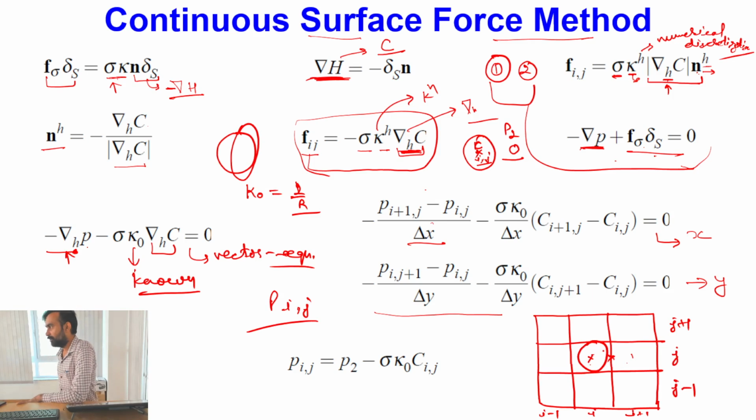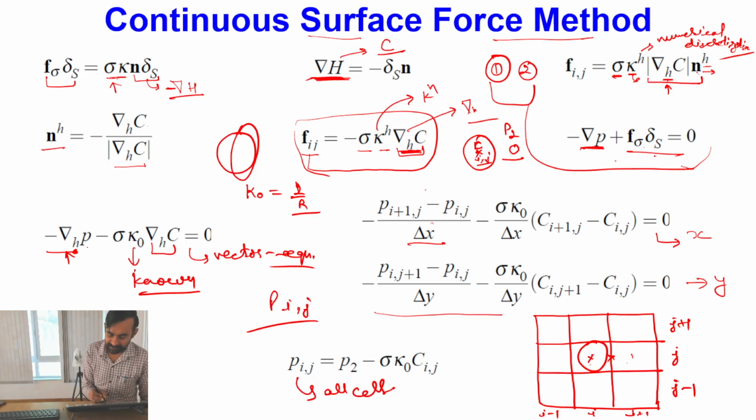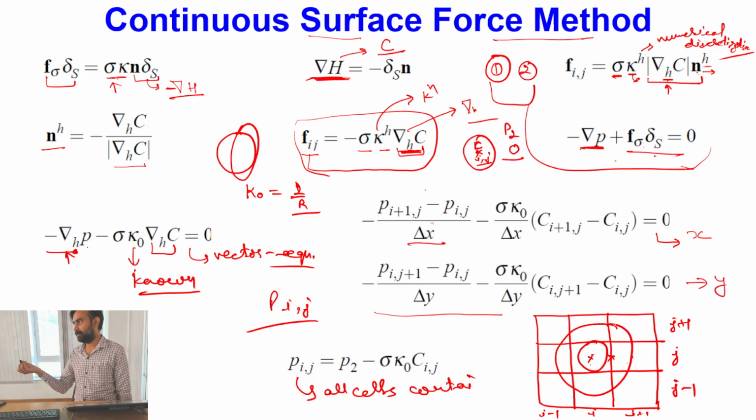Is this point clear? It may happen that I have multiple cells containing the fluid particle. So P i,j is referring to all cells containing what? Fluid particle. All cells containing fluid particle.